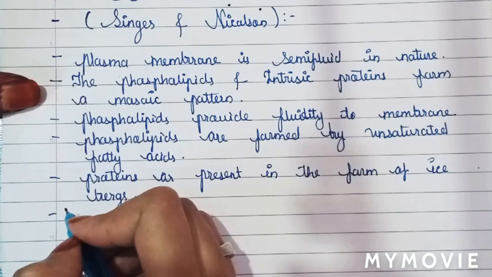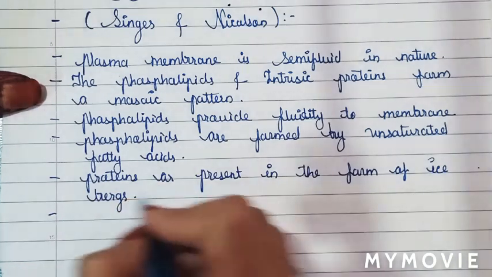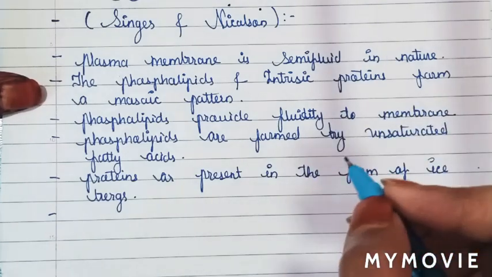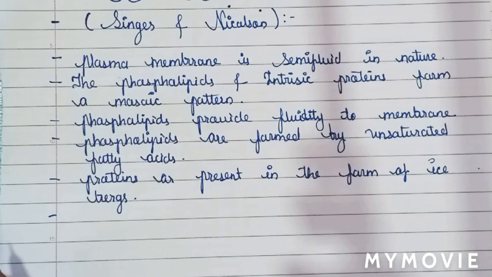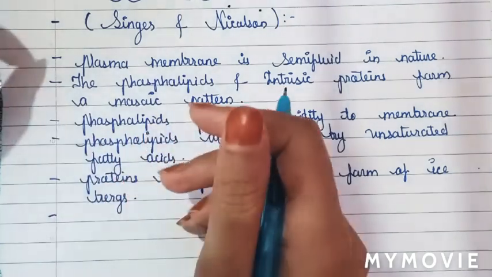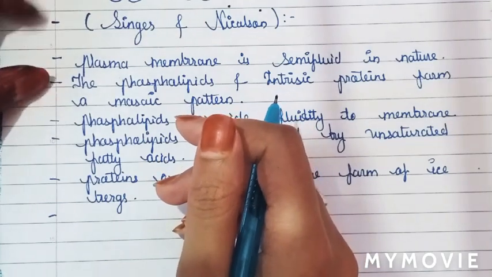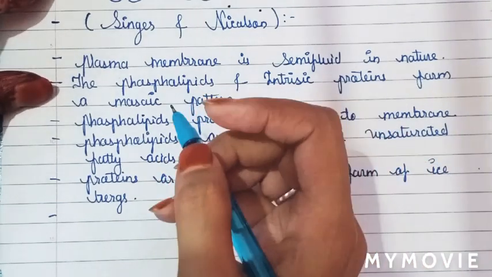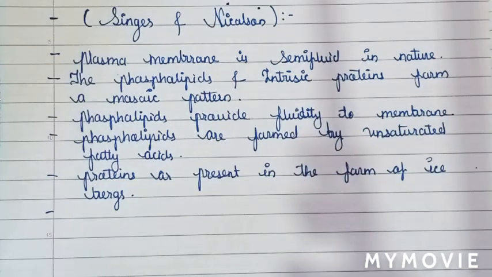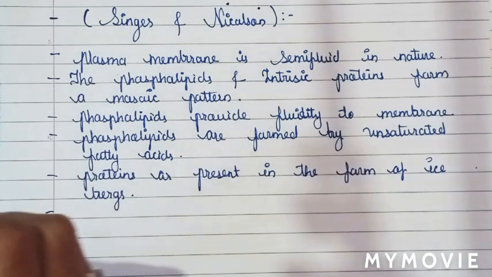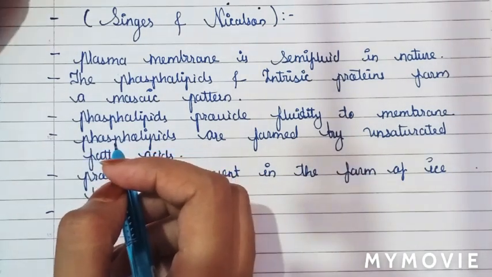Now proteins are embedded in the phospholipids. The position of protein shown by Singer and Nicholson is totally different from Robertson's model. As Robertson shows, the upper layer and the lower layer are of protein and the middle layer is of phospholipid, but the position of protein is different as shown by Singer and Nicholson.